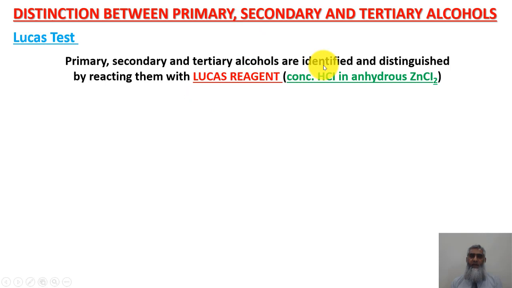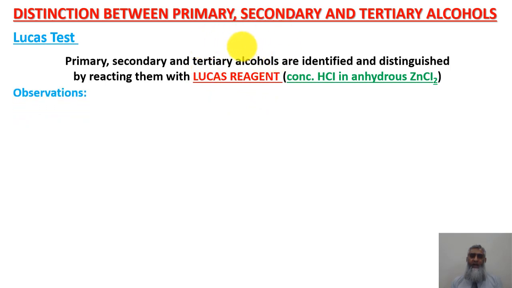They can be identified and distinguished by reacting them with Lucas reagent. And what is Lucas reagent? It is the solution of concentrated hydrochloric acid in presence of anhydrous zinc chloride. So alcohols which are given will be reacted with Lucas reagent, and formation of product will indicate the nature of the primary, secondary and tertiary alcohols.